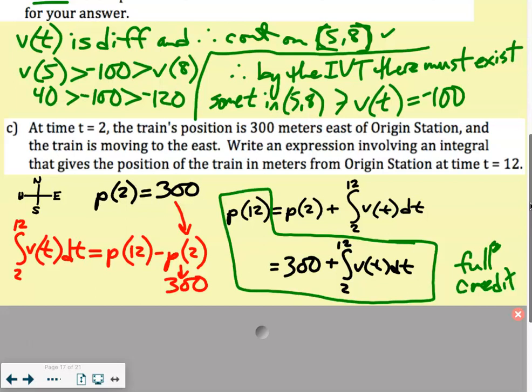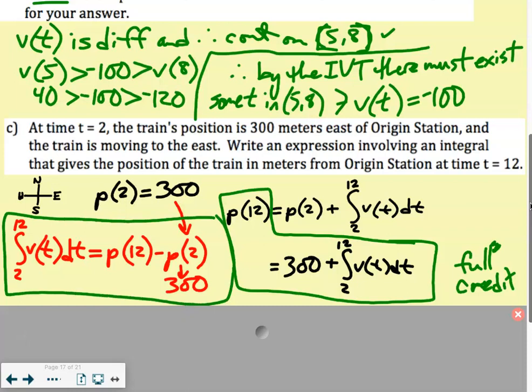So this would be totally fine: the integral from 2 to 12 of velocity equals p of 12 minus 300. That's full credit. P of 12 equals 300 plus net change. That's full credit, right? Anything that's equivalent is fine. I'm going to outline this too. This is fine too.